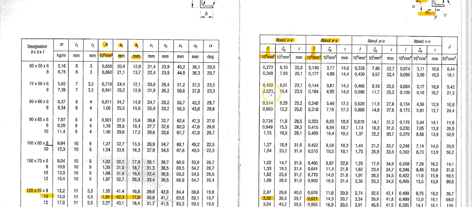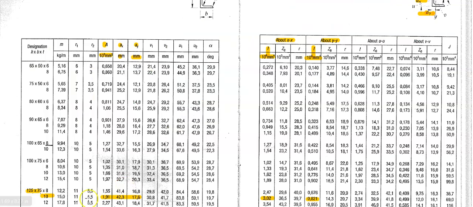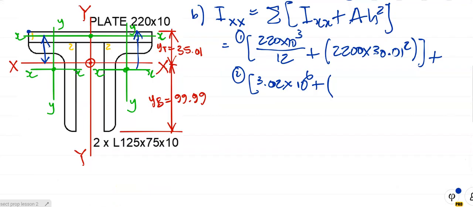So that's IXX and we go down there and it is 3.02 times 10 to the power 6 millimeters to the fourth. Okay, you need to get it right. 3.02 times 10 to the power 6. If you leave that bit out, it's going to be wrong. You know that now. Plus the area. What's the area? I forgot the area again. The area is 1910.